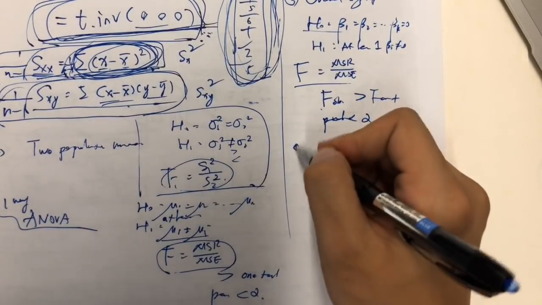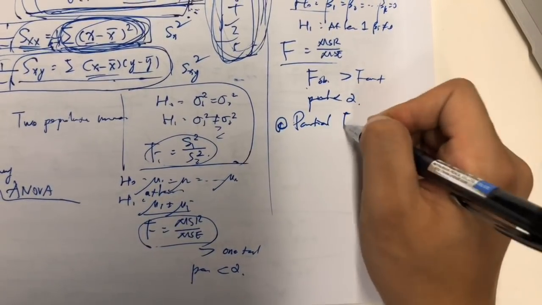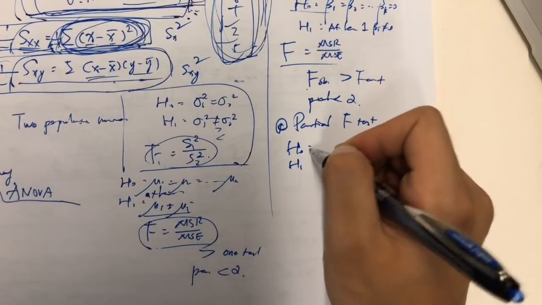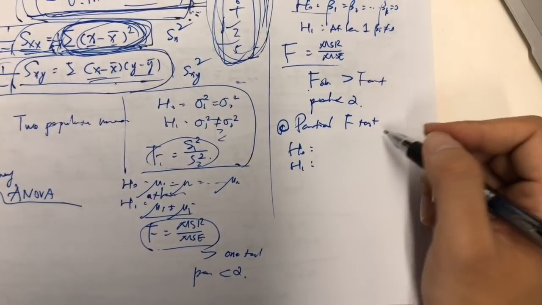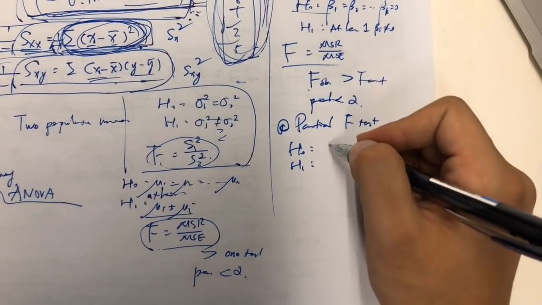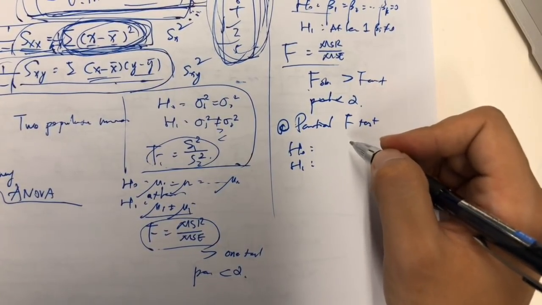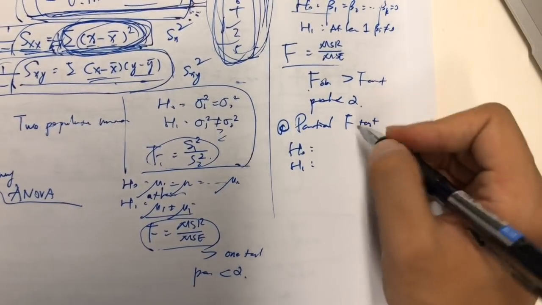And the last F test we learned is the partial F test. The null hypothesis is, when we cut down some independent variables from the full model, we want to see whether the coefficients of those independent variables equal 0 or not.